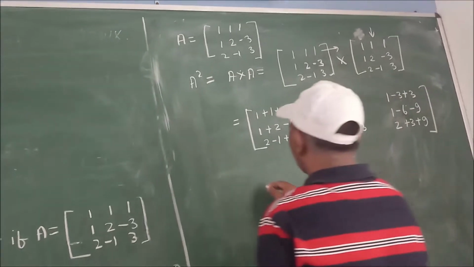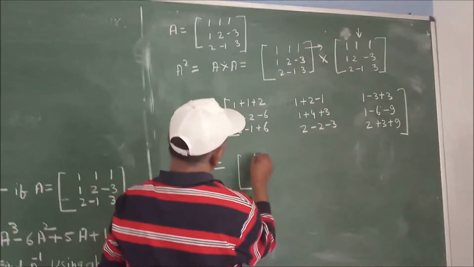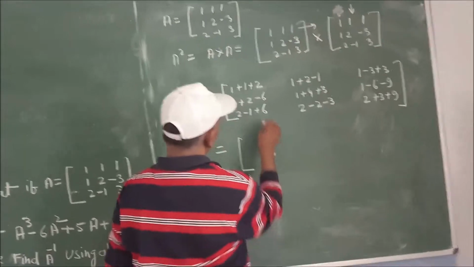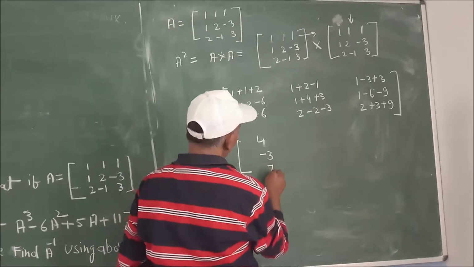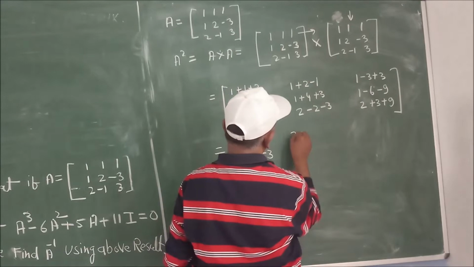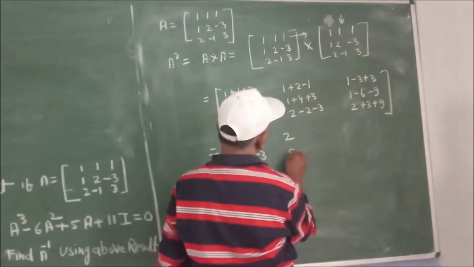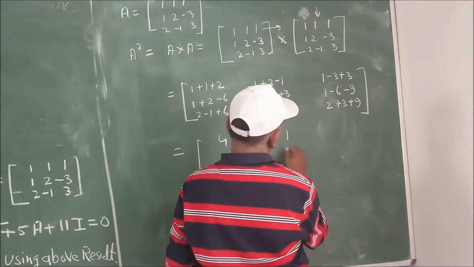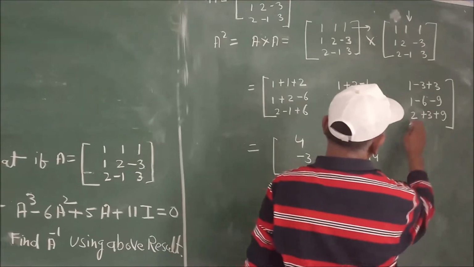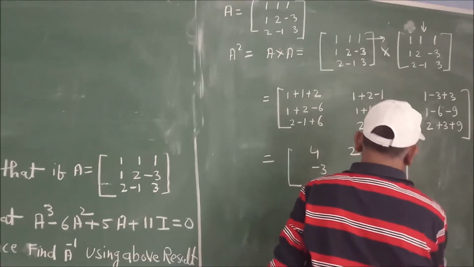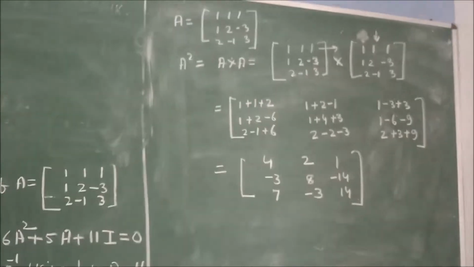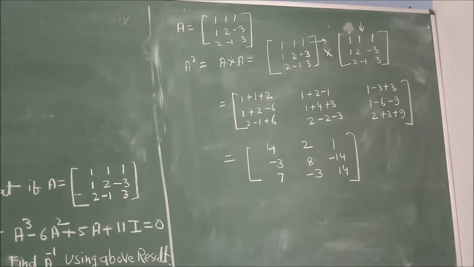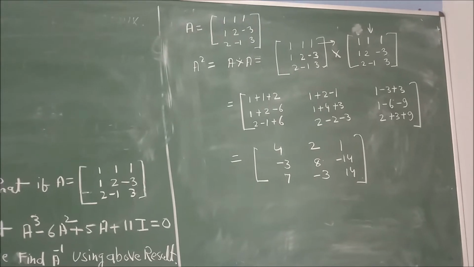So solving we will get this will be equal to 4, 2, 1, minus 3, 8, minus 14, 7, minus 3, 14.